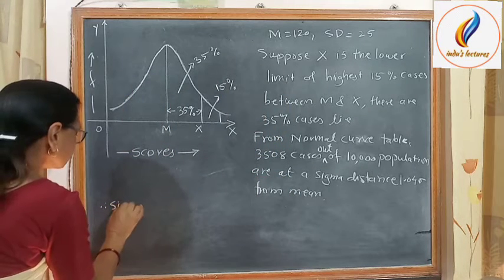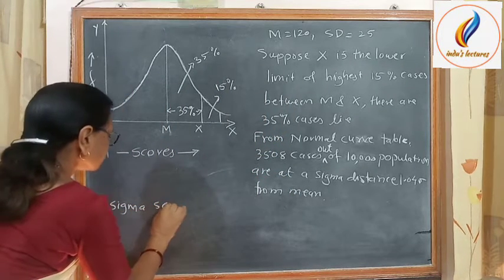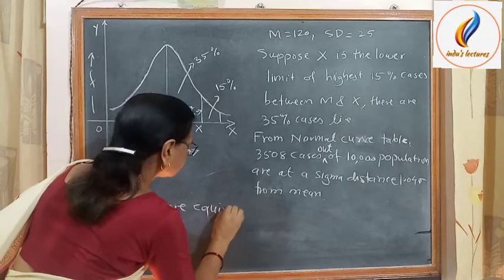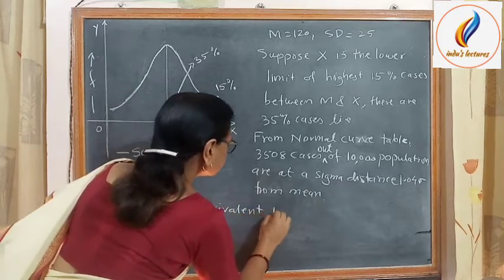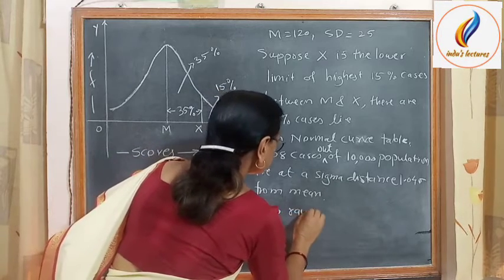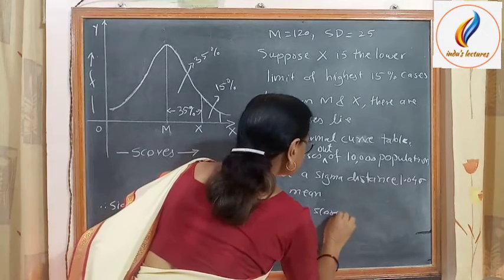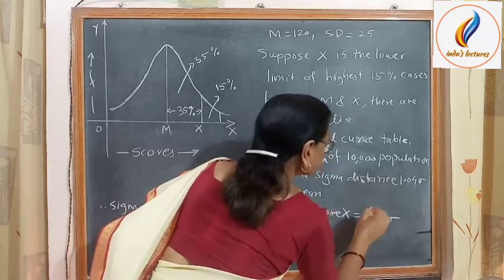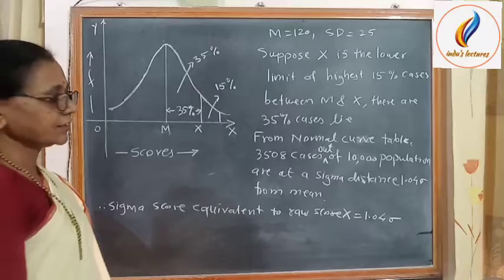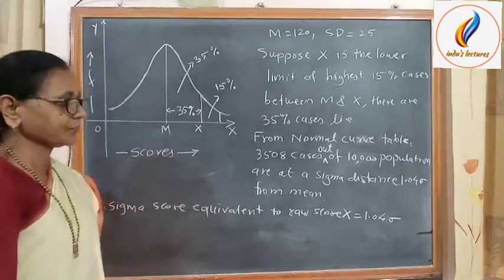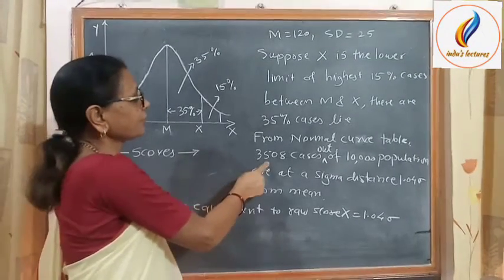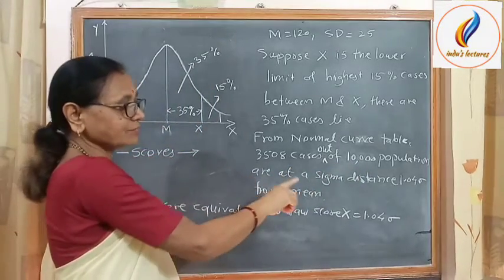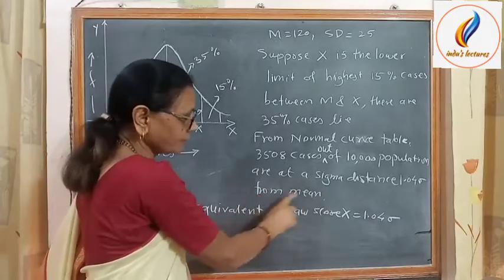Sigma score equivalent to raw score x is equal to 1.04 sigma. See again, from the normal curve table, there are 3,508 cases out of 10,000 population at sigma distance 1.04 from the mean.